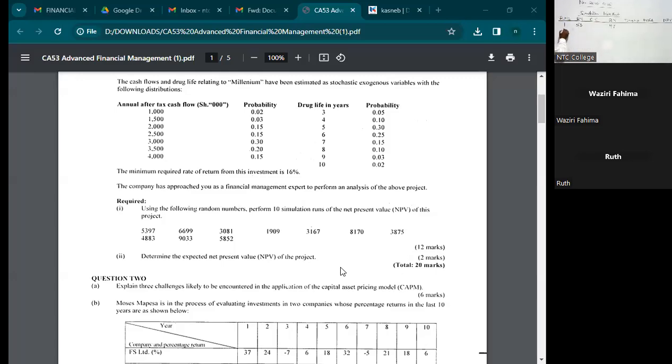So the next one is here too. Then is the second run. Random number? 66. The second random number, the random number for drag life, is? 99. Thank you. Come to the third run. 30, then 81.